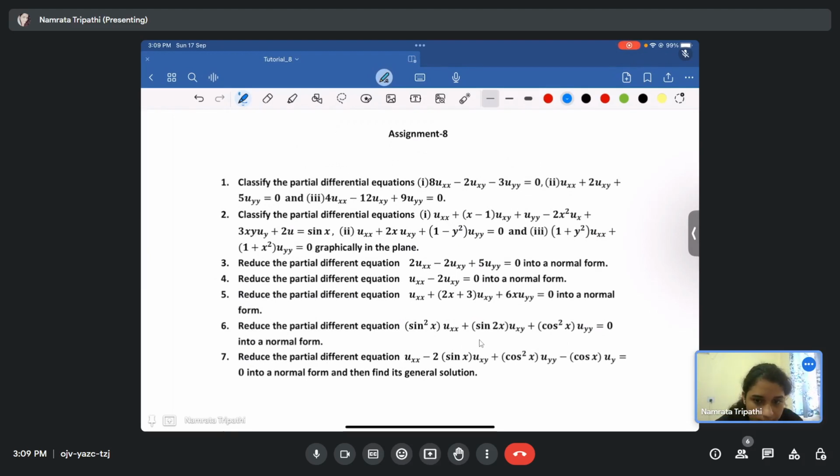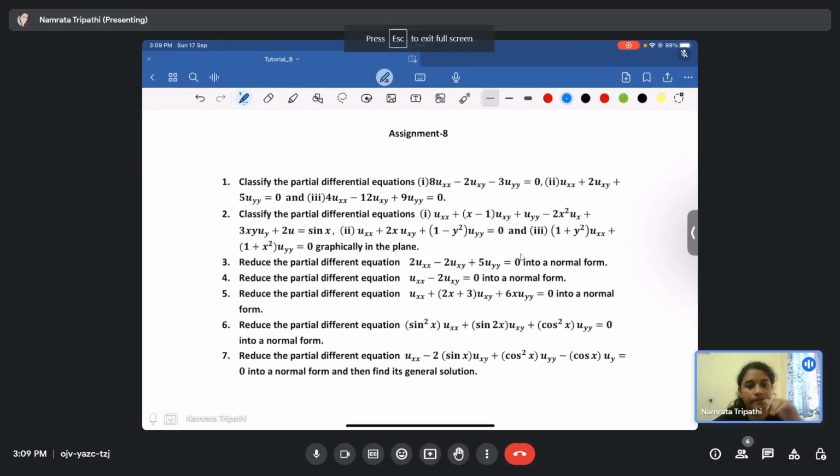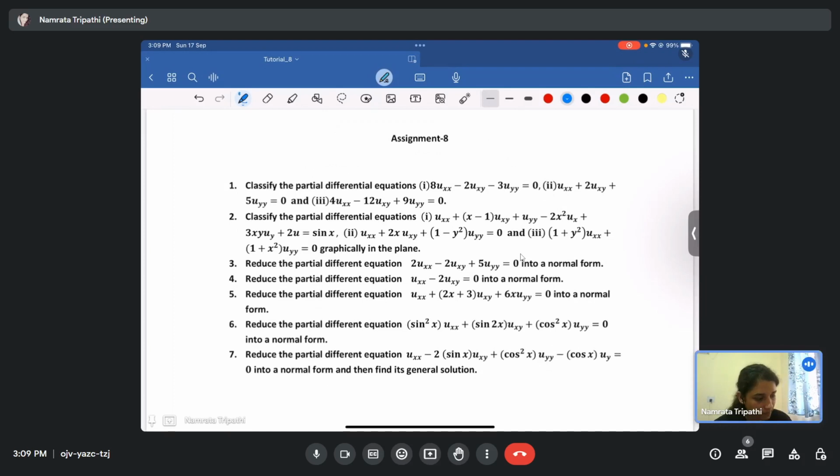First one is 8uxx minus 2uxy minus 3uyy is equal to 0. Hyperbolic, ma'am. Okay, this is hyperbolic. Yes.